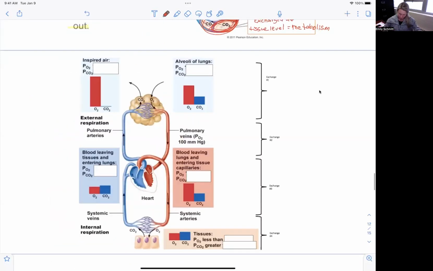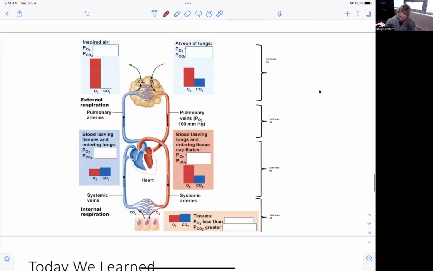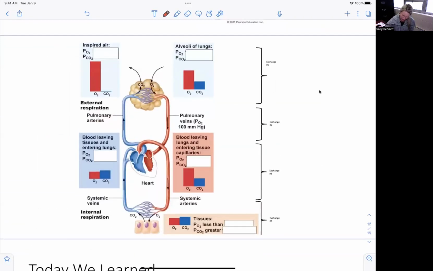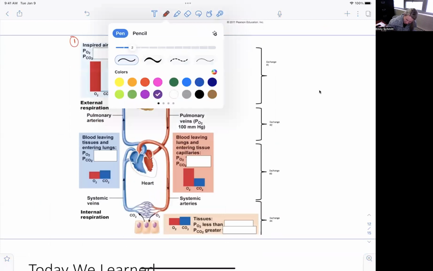So let's go ahead and fill in one more thing for this lecture. And this is again just giving you another avenue and another visual to understand what is going on here. So let's start here with our inspired air.